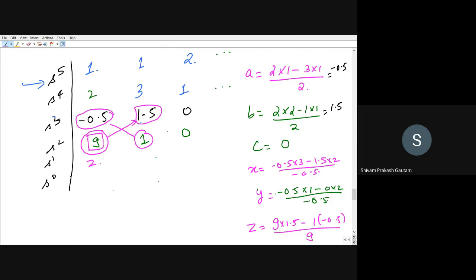You can solve this, and we get the value 1.56. So z will be equal to 1.56, and here we will get 0. Let me rewrite this.